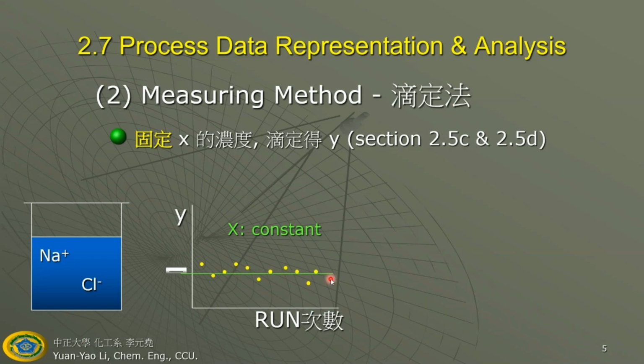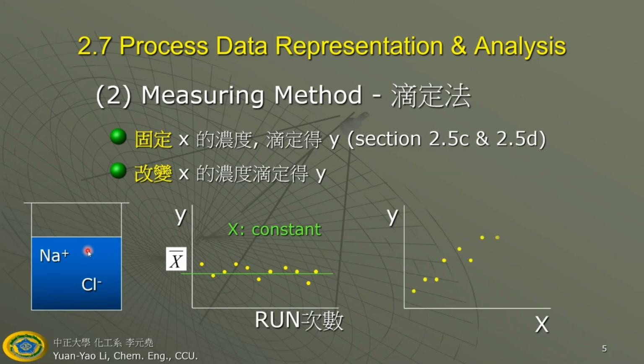However, there's another way: if we want to change the concentration of sodium chloride in this aqueous solution, then we might get something like this.